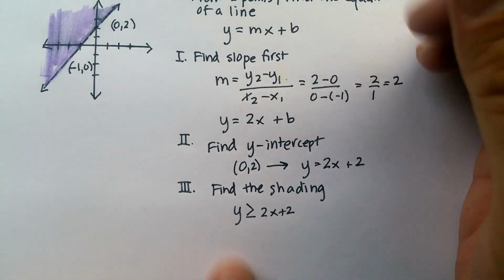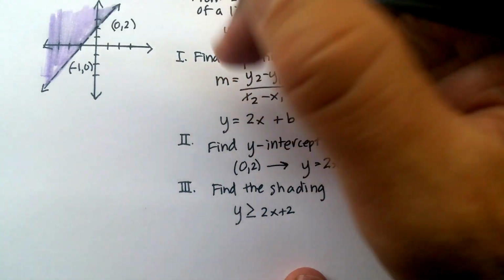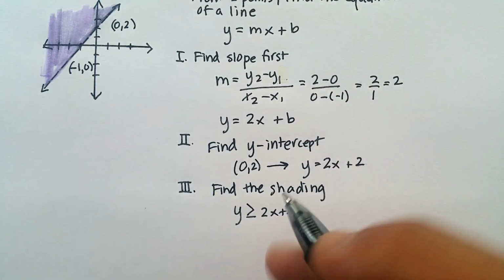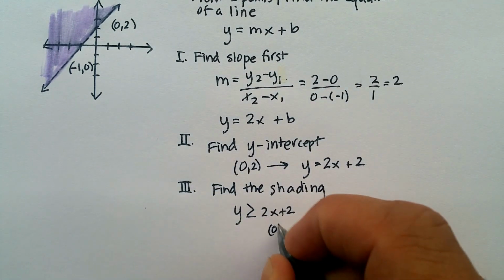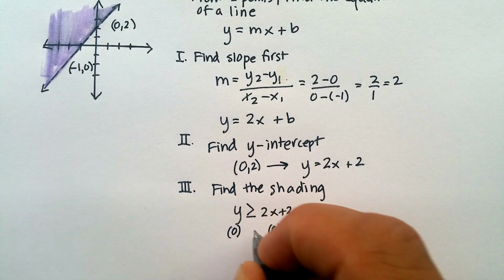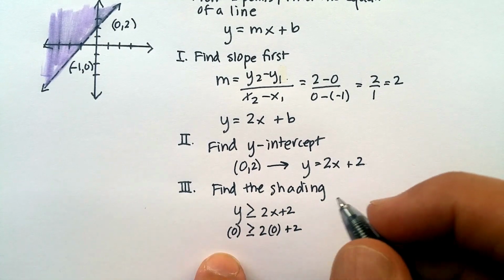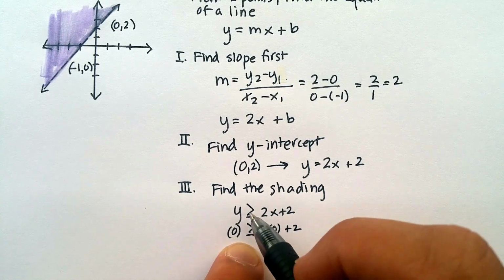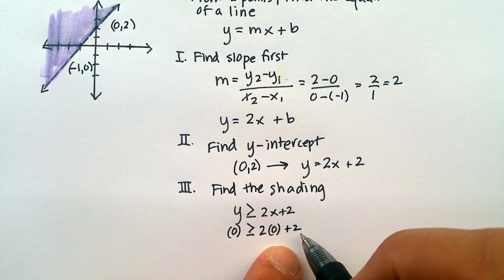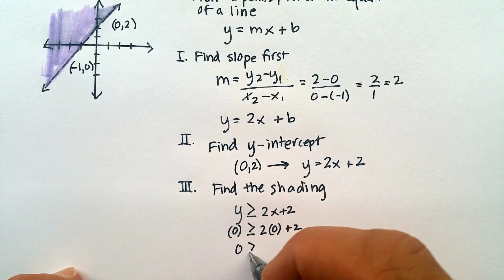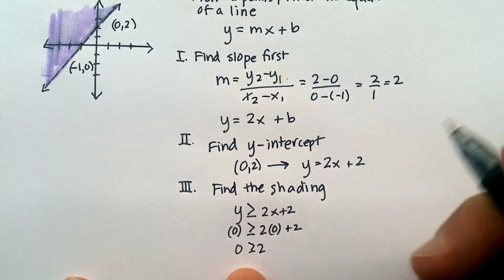Well, I'll just try a couple of test points, wouldn't I? So let me just try, I don't know, (0, 0). So let's just put in 0 and 0. And is 0 greater than 2? Right? Because after I work that out, I would get that. Is 0 greater than 2?